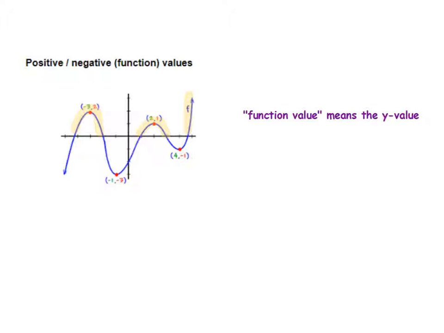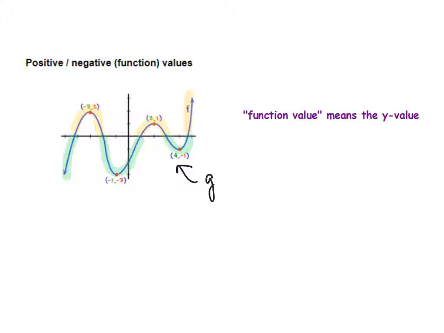But what if we wanted to look at areas that were negative? I'm going to change colors. Well, these would give you a y value that's negative. This would all be y values that are negative, and so would these. So let's go ahead and label those.